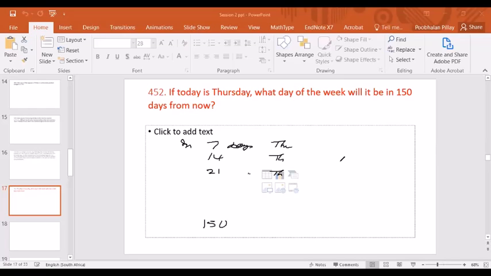The way to do that is to divide 150 by 7, like how we did the last time. There's a remainder of 3. That means that if I take away 3 from this, that will be a multiple of 7. It's very important. The remainder means that when you take away the remainder from that number, it will be a multiple, you see?